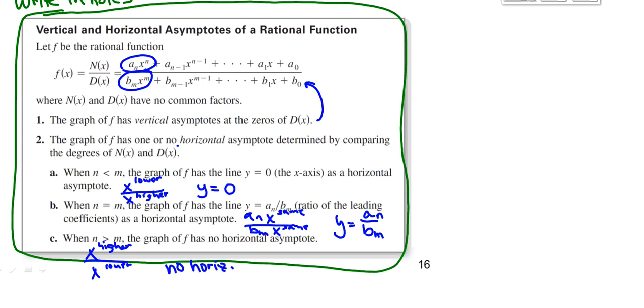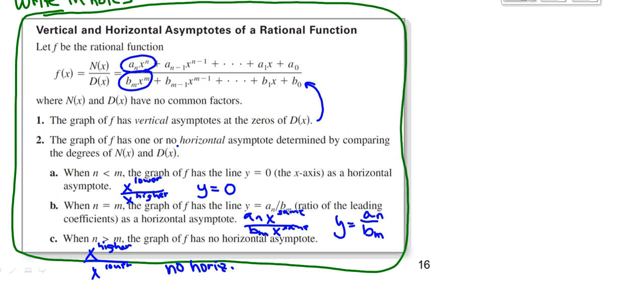And if it's x to the higher power over x to the lower power, then there's no horizontal asymptote. So that's what I look at as I go.